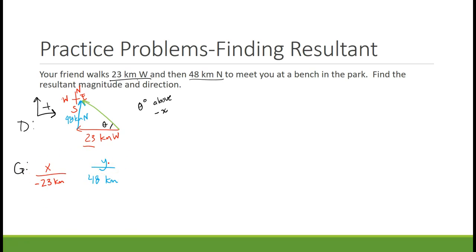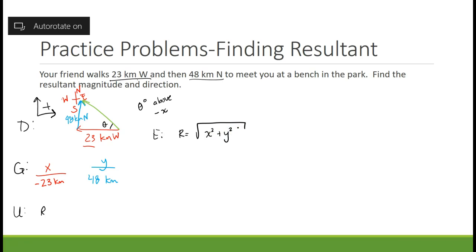Later on, you're going to have more and more pieces of these vectors. Okay? We're looking for the resultant. Our equation, the one I showed you before: resultant equals the square root of x squared plus y squared. Okay? And then I'm going to use that and plug some stuff in.